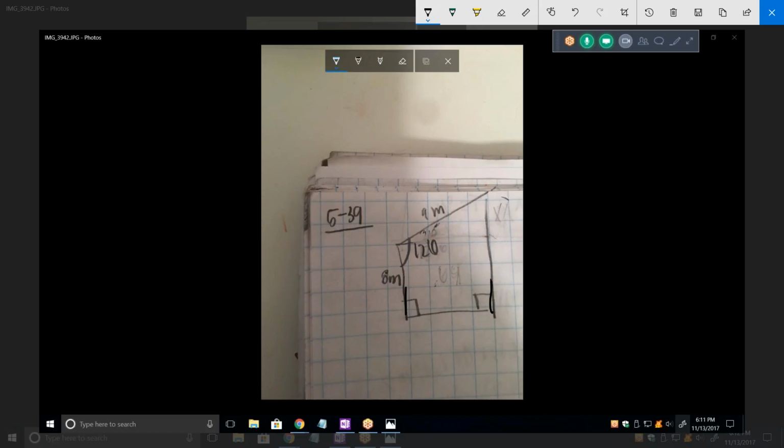Okay? However, all quadrilaterals, what are the total of all of the angles in any quadrilateral? 180. 360 for a quadrilateral. For a triangle, it's 180. But for a quadrilateral, it's 360. For a five-sided figure, it's 540. So it goes up.